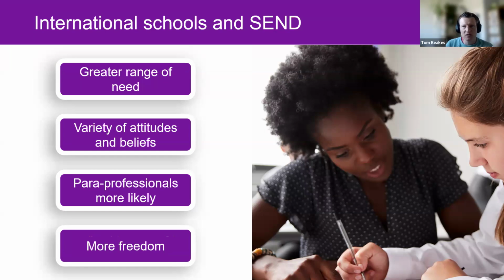The final point is that international schools generally tend to have more freedom to enact support programs and curricular changes because they're not necessarily governed by the same national guidelines and curriculum that you have in a national system. Whilst this sounds like a positive, which it can definitely be sometimes, it also means that schools may not have the same level of accountability or oversight in terms of the support they're offering to pupils with SEND or who use English as an additional language.